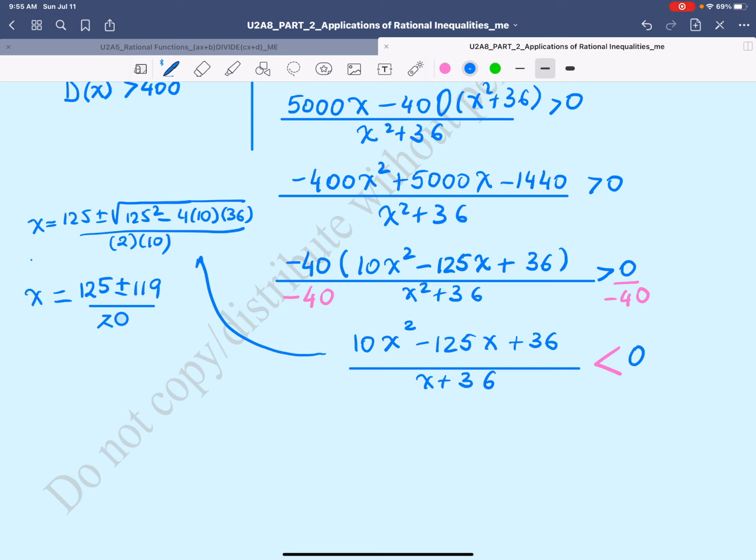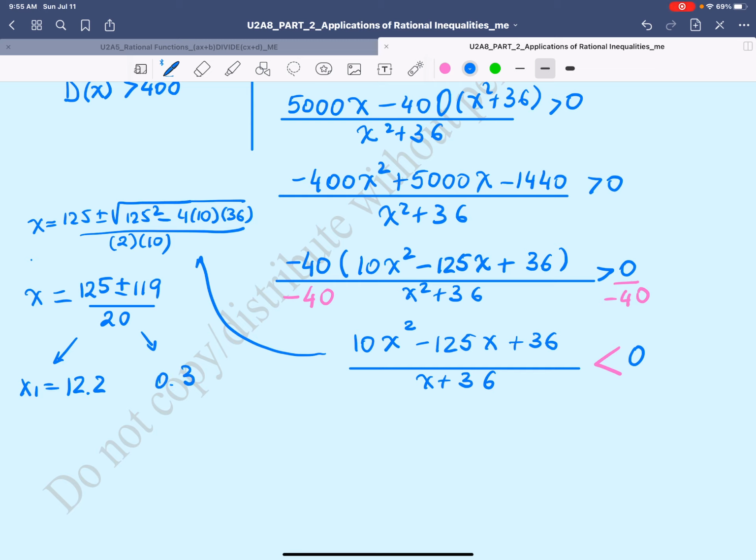So we get two values of x. We'll say x1 equals 125 plus 119 divided by 20, which is 12.2, and x2, which is 125 minus 119, divided by 20, which is 0.3.